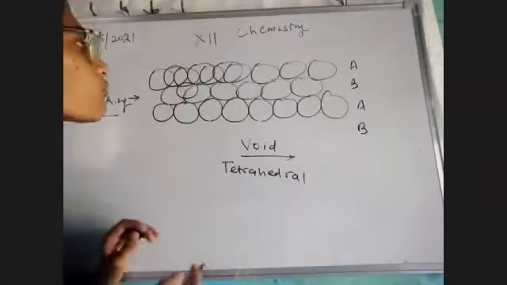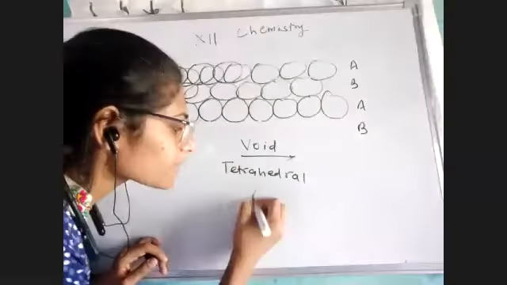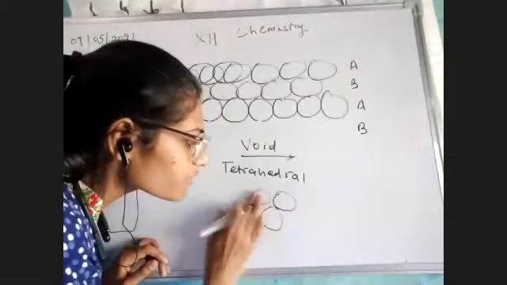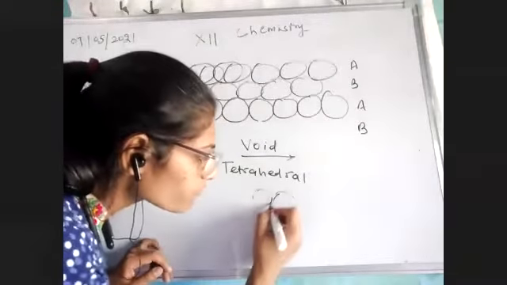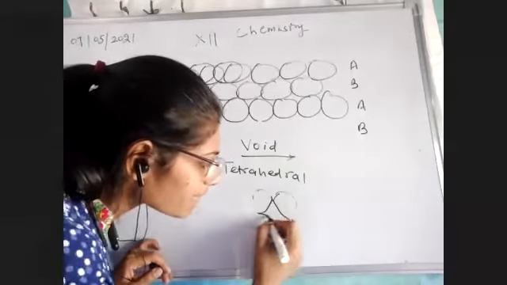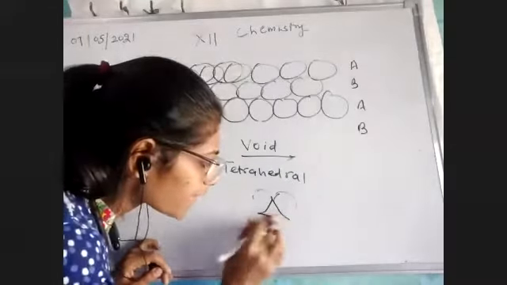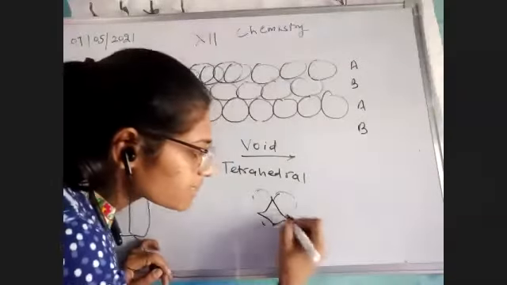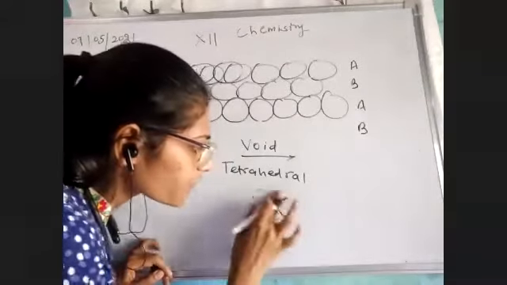But I just want to make this concept clear: whenever we are trying to make this, there would be formation of a kind of tetrahedral, like this way. This is known as tetrahedral void.